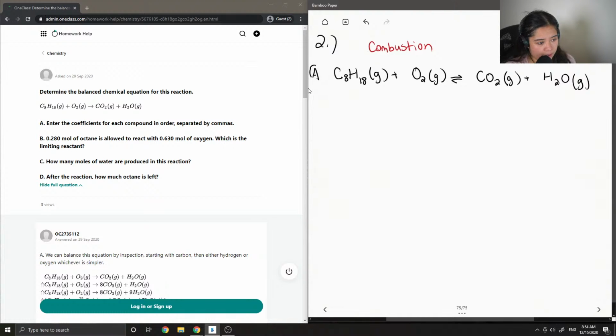Okay, so now we want to balance this equation. So there's a method that I like to use when balancing combustion reactions. And the first one is just to balance my carbons.